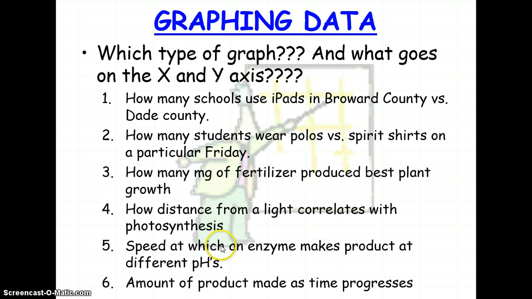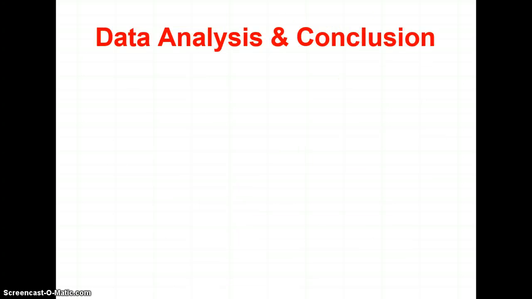So we are changing the pH, that's our X. The speed would be our Y. And then the amount of product made over a period of time. Typically, if we're looking at something happening over a period of time, it's usually time on our X, and amount of product, what we're measuring, on our Y. So make sure you know which variable goes on the X versus the Y.